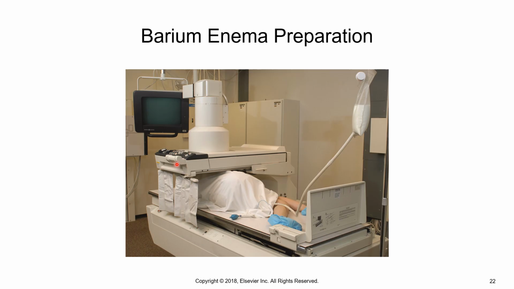You can see the fluoro tower is pulled out over the patient. You've got the lead drapes here as added protection. All the controls are here for the radiologist. And then you can see the monitor so that we can watch as we're directed to let the barium flow. We'll watch on the monitor along with the radiologist to see the large intestine fill.